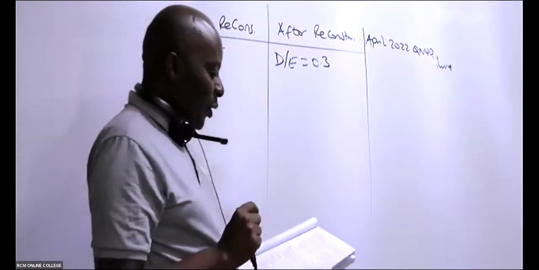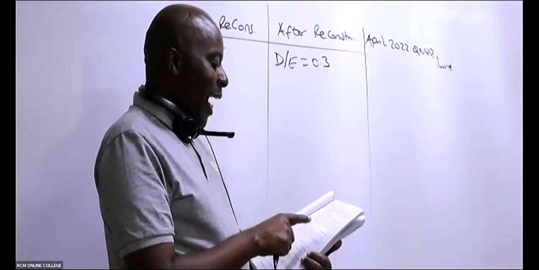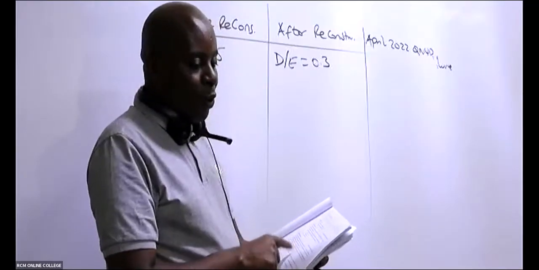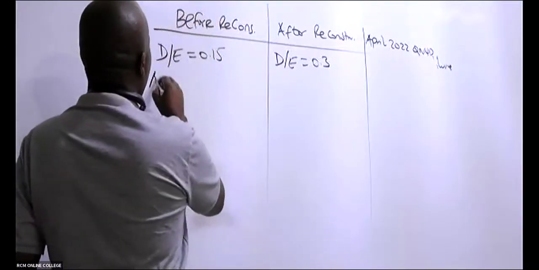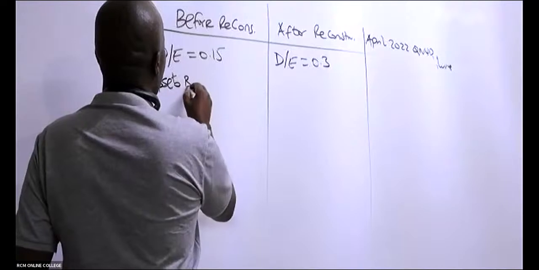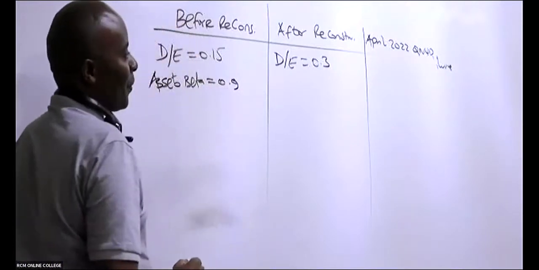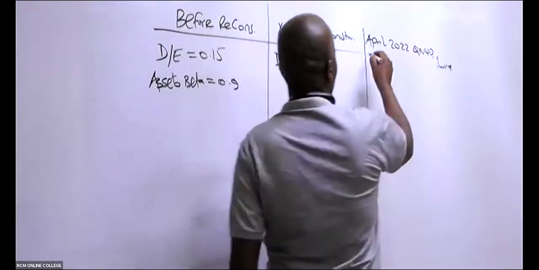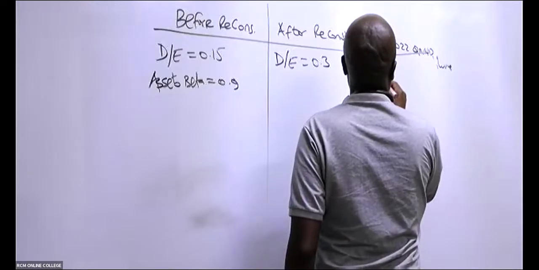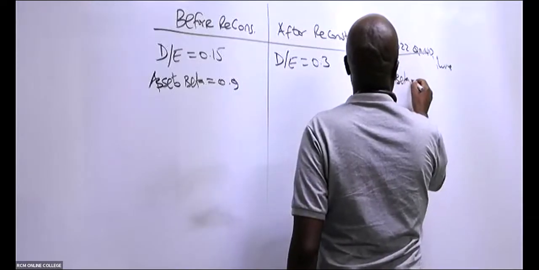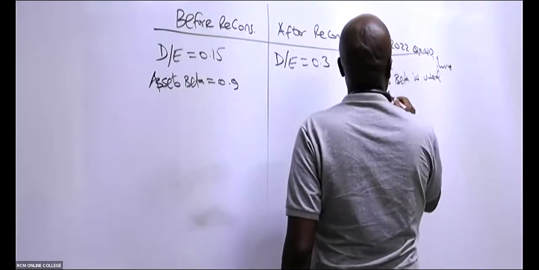Now, ladies and gentlemen, please listen to me very well. You can see the company has an asset beta of 0.9. Remember, we have our little notes here.